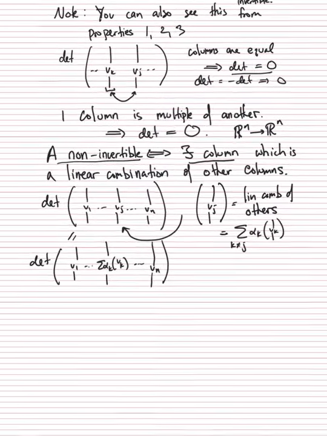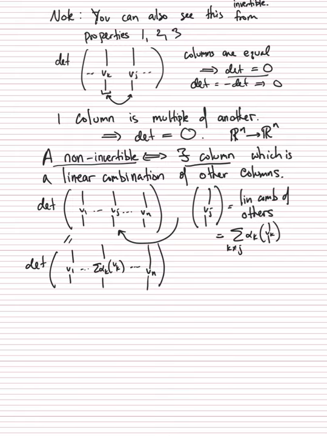You're writing this column as a sum of the other ones, and by linearity we get that the determinant is the sum of determinants of these matrices, with alpha k v sub k in the j-th column, for k not equaling j.